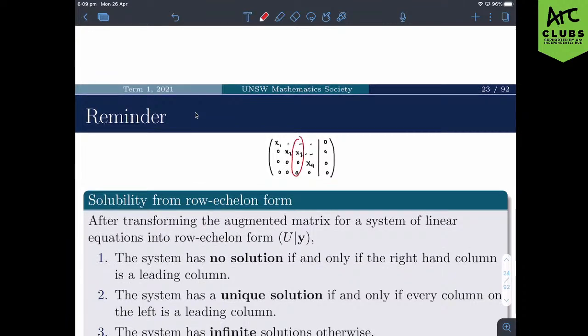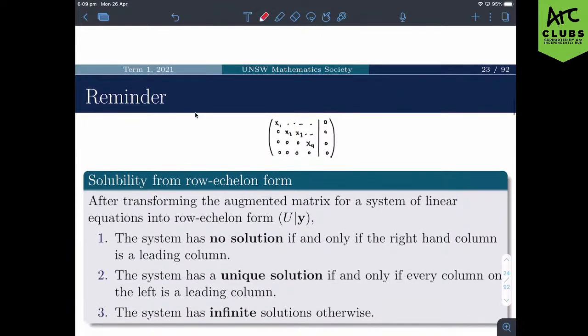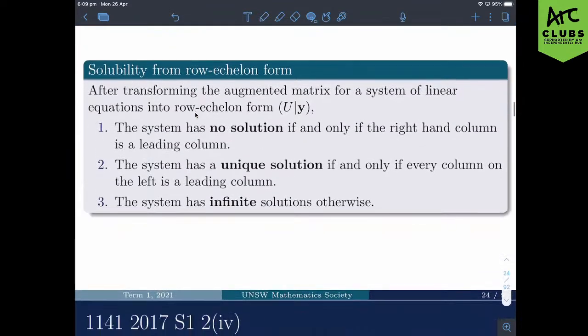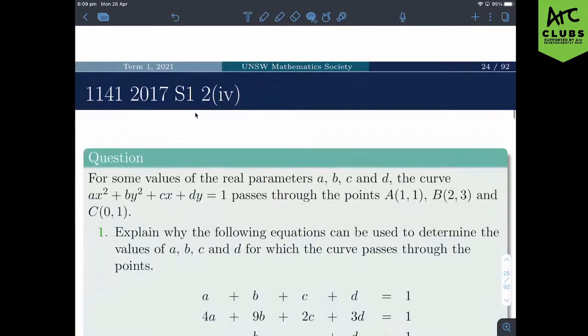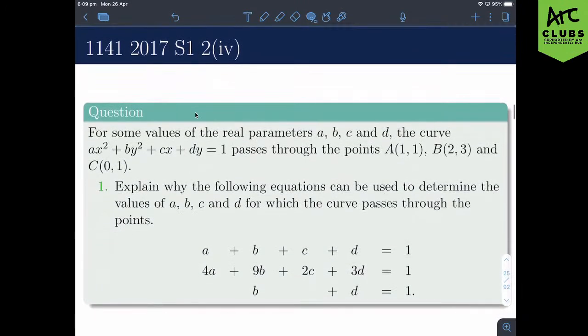So this will be the non-leading column, and if we want to determine the solutions to this set of linear equations, we parameterize the variable corresponding to this column. So those are the three cases that you'll see with matrices in row echelon form. I hope you guys remember that from the theory that you've learnt so far.